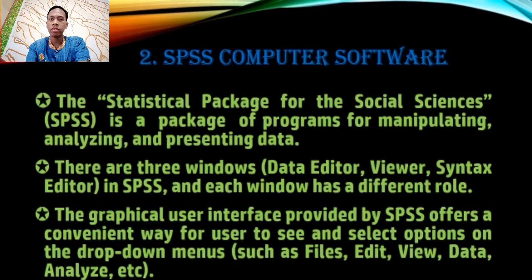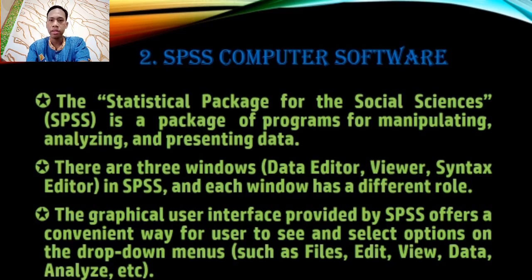Now let's go on to the second part, that is about the SPSS computer software. SPSS computer software was first launched in 1968 as the Statistical Package for the Social Sciences.